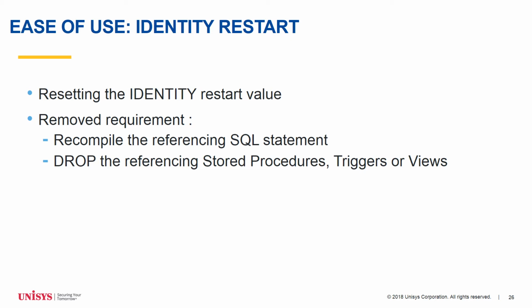They would, in the case of views, be implicitly dropped, or in the case of stored procedures and triggers, need to be explicitly dropped by the user. In addition, any embedded SQL programs that reference the altered table would need to be recompiled or activate an internal auto recompile.